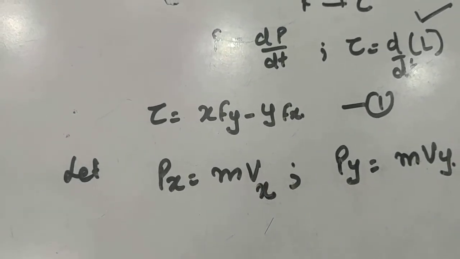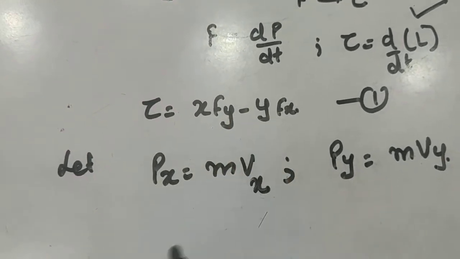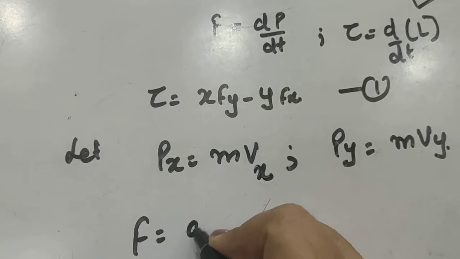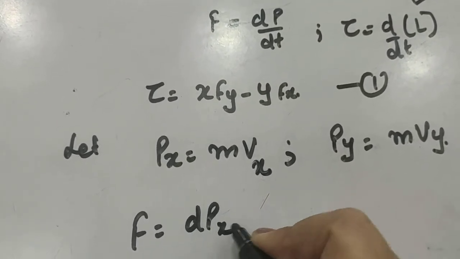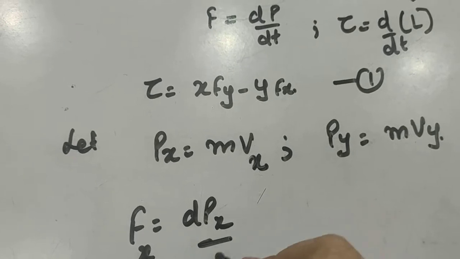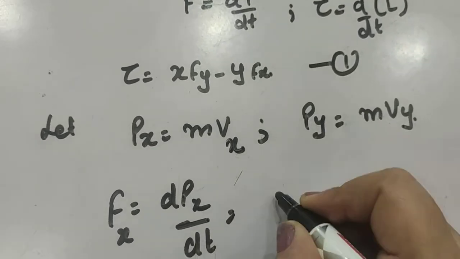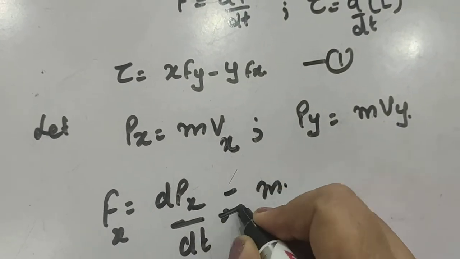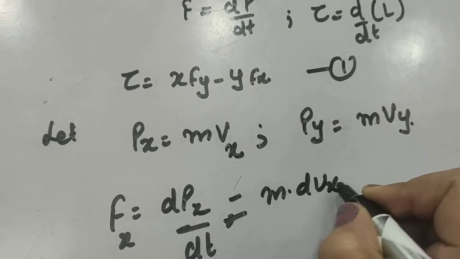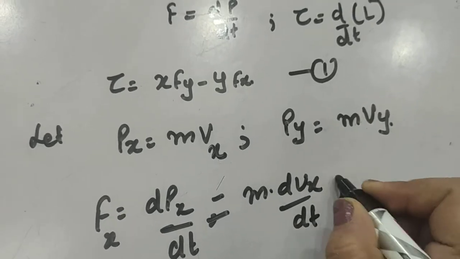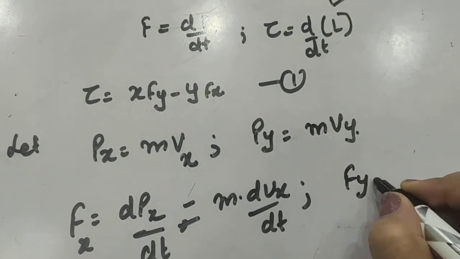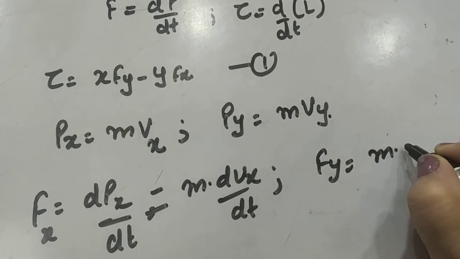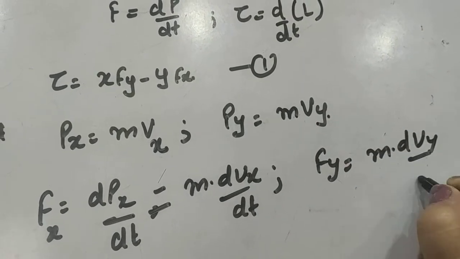Now, Fx is equal to dpx by dt, which is m dvx by dt. Similarly, Fy is equal to m dvy by dt.